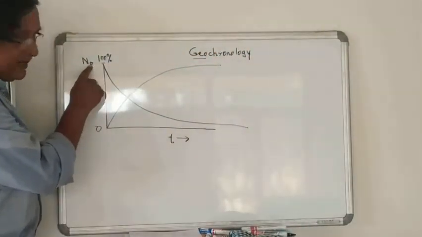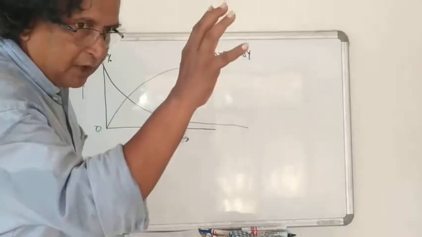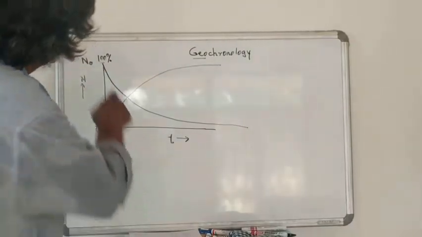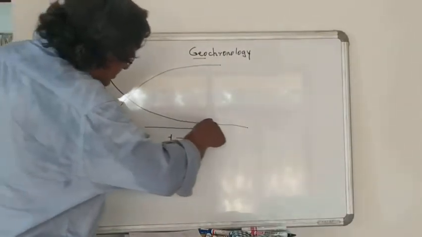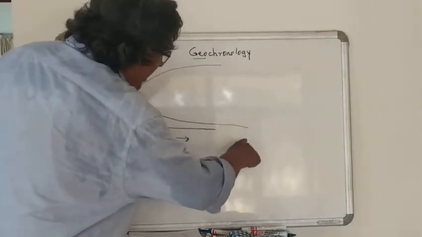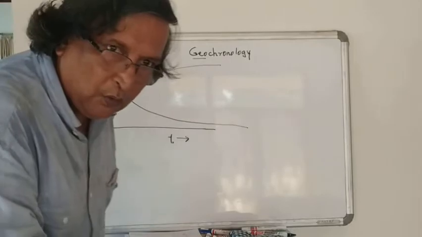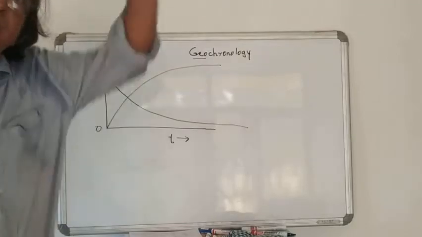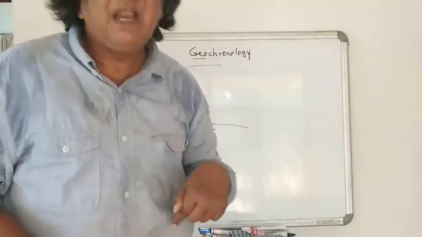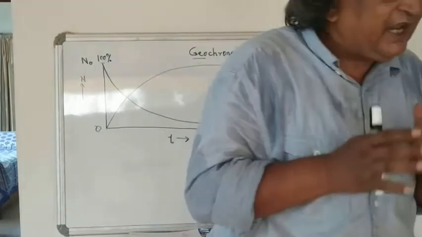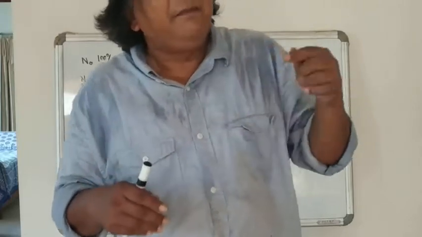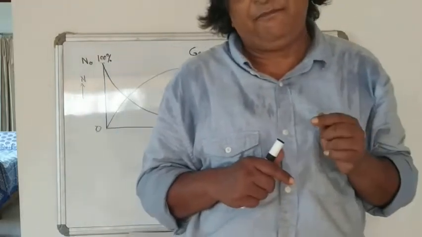When N is equal to N0, that means 100%, all of them are parent, and your time t is equal to 0. When this curve of the parent becomes asymptotic, this time t here is now. So we have time from time 0 to time now. This is an important concept. When we say the age of the earth is 4.55 billion years, I mean from that time till now it's 4.55 billion years.